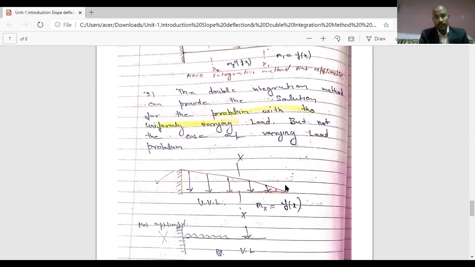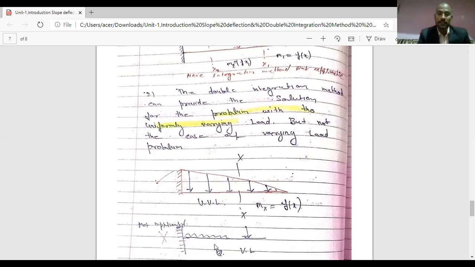Here, this beam has a uniformly varying load acting, UVL, uniformly varying load. So this beam is easily solved by the double integration method.